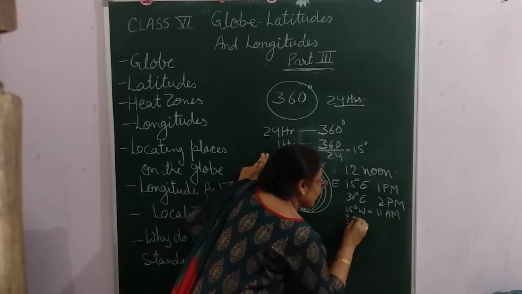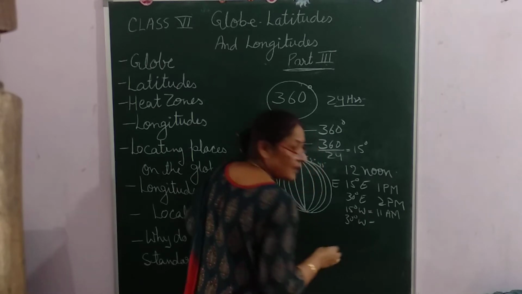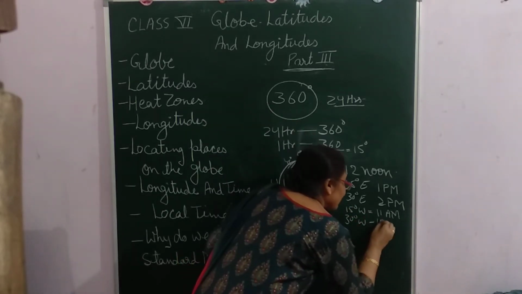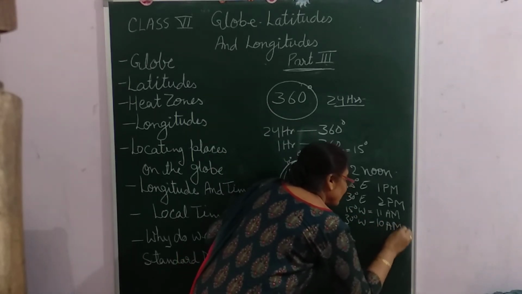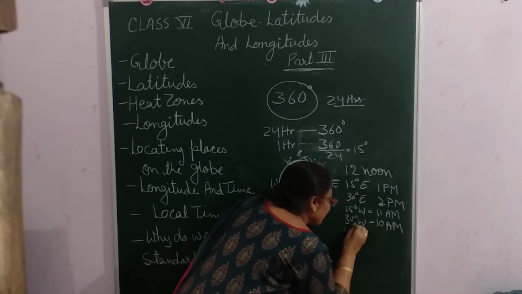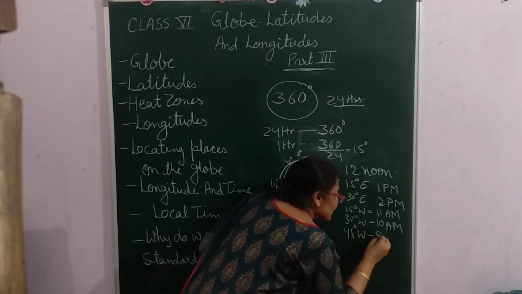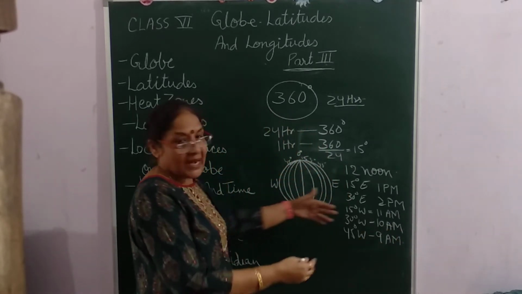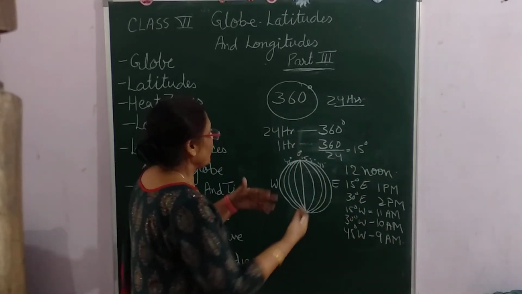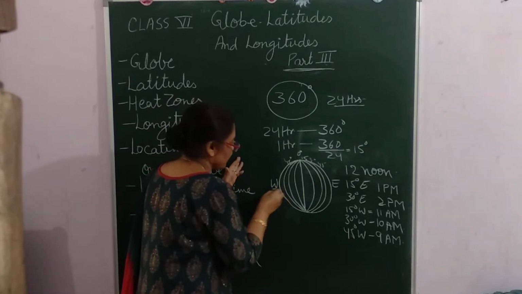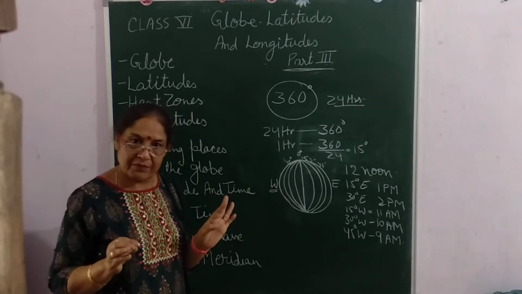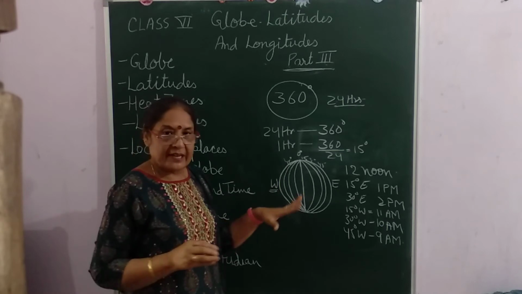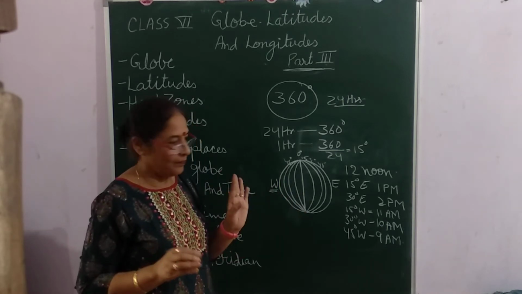And 30 degrees west, 10 a.m. And 45 degrees west is 9 a.m. We are subtracting the time because we are moving towards the western hemisphere. Clear to everyone? So in this way we will calculate the time.